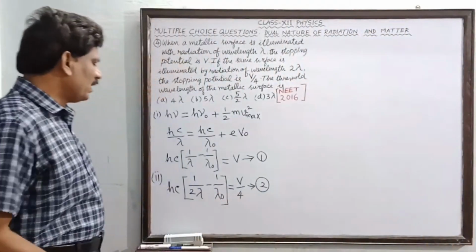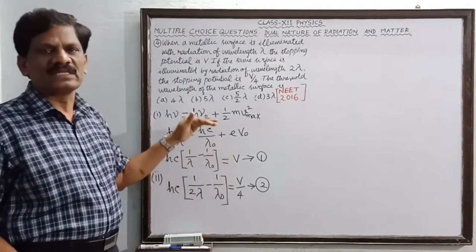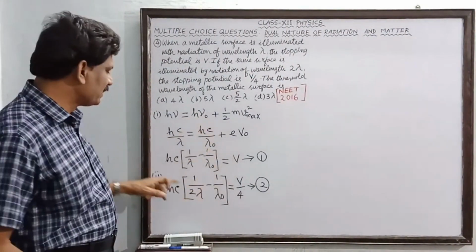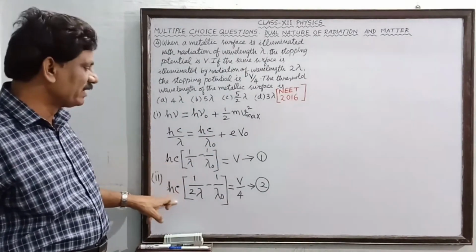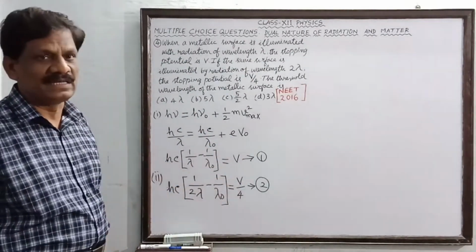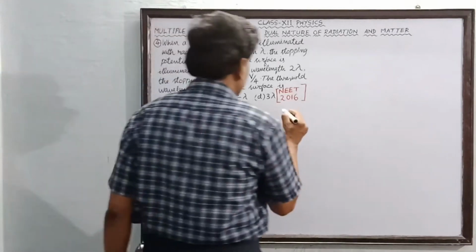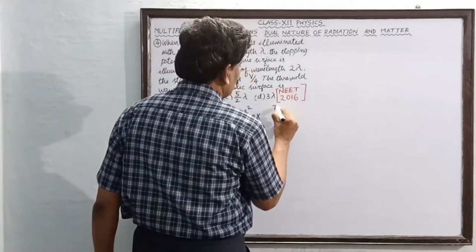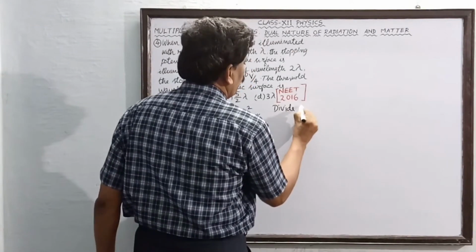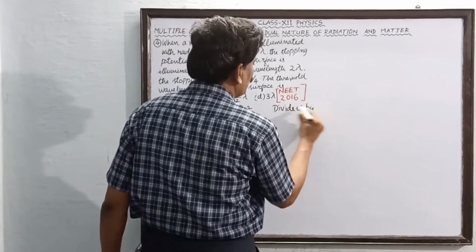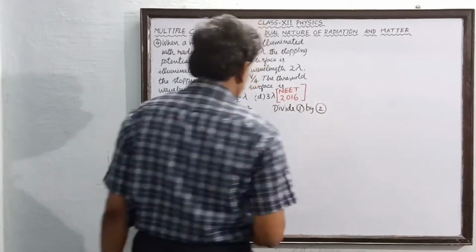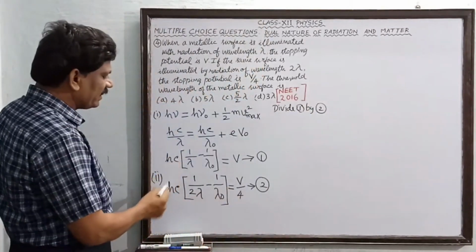Okay. Now I am going to divide the two equations such that the constants, h into c, and e and V get cancelled. So dividing equation 1 by equation 2. On the left side, hc and hc get cancelled.